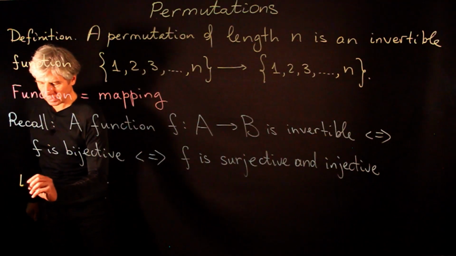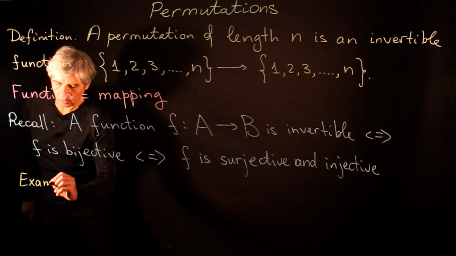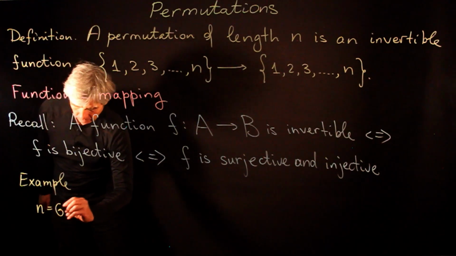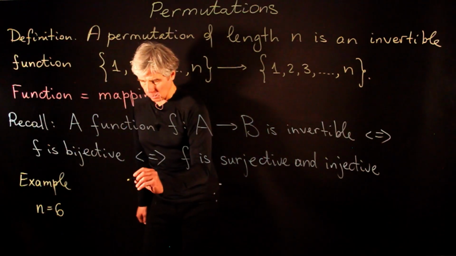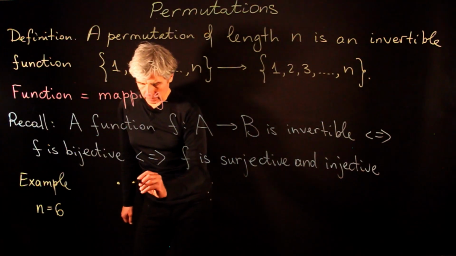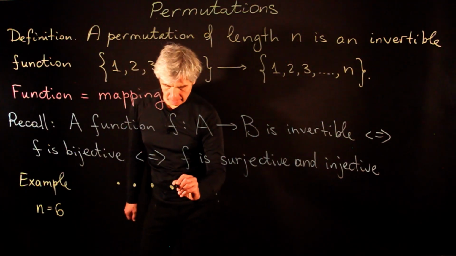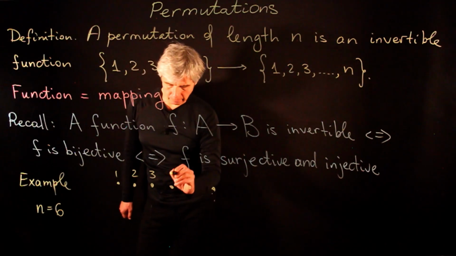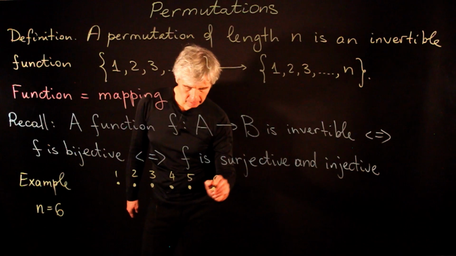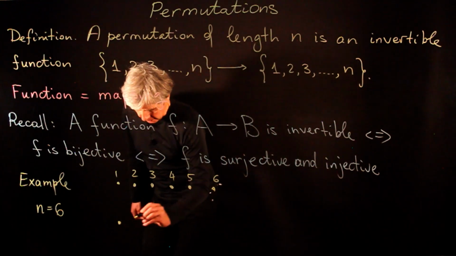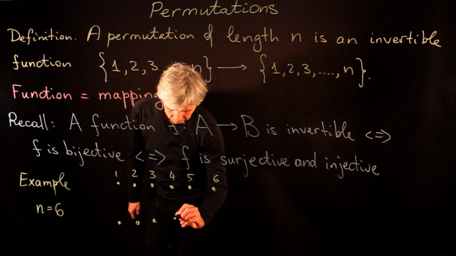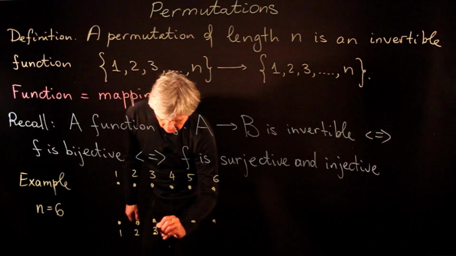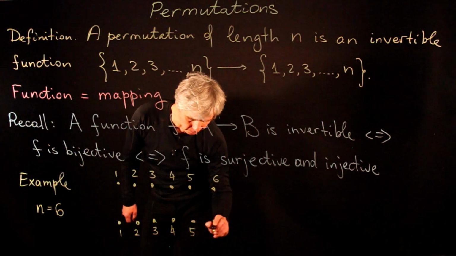Let us give an example of a permutation. Let us take n to be 6, the length of a permutation. So here we take the domain, 1, 2, 3, 4, 5, 6, and the target set, which is the same, 1, 2, 3, 4, 5, and 6.